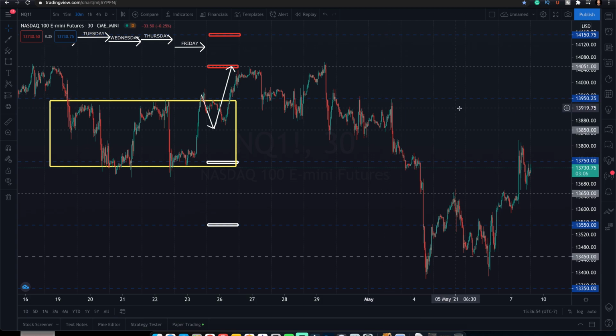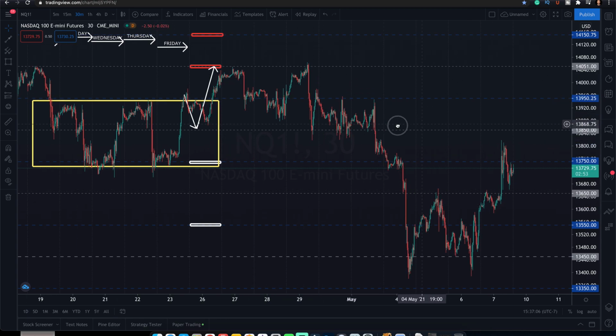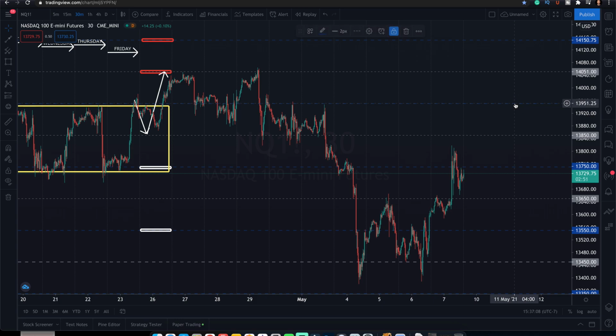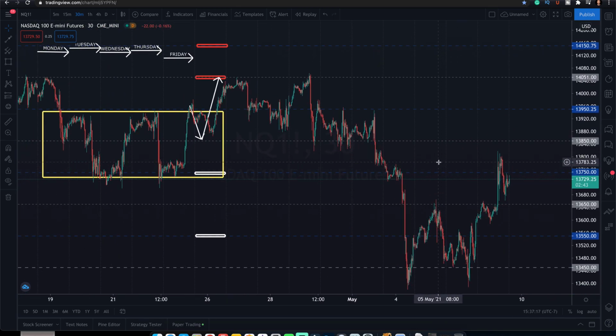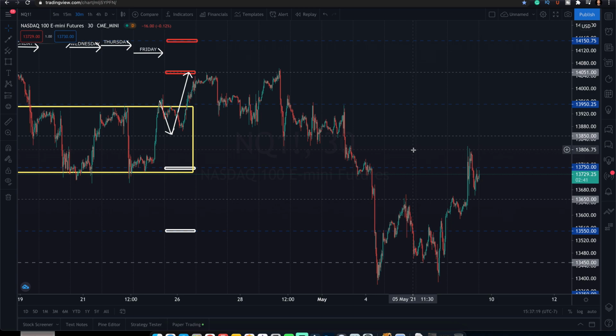So all these levels will be ending on 70, not on 50. My levels always end on 50, and they're between 100 points. I don't really change them at all. They always stay like this. I actually have them locked right here. As you can see, you can lock your levels on TradingView, so you cannot move them around once you do your technical analysis.